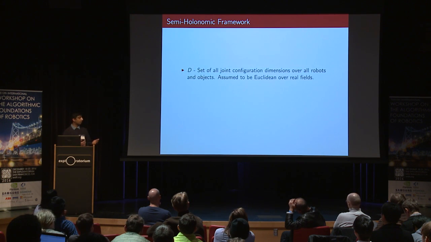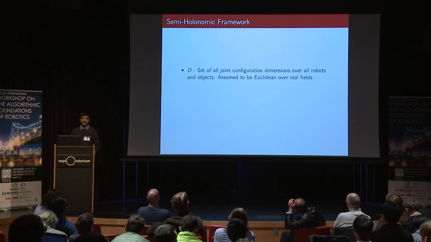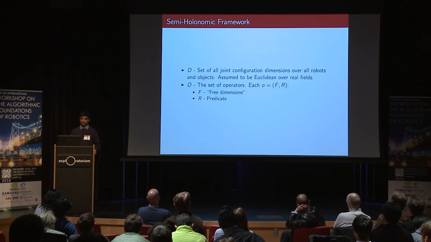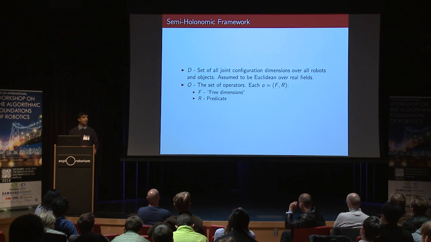Well, let's start off with the framework. We start with the configuration space, and this is a joint configuration space of all the robots and objects together. We assume that there's a Euclidean coordinate system over this configuration space, which we utilize quite a bit. And to move around this configuration space, we have a set of operators, and this consists of a set of free dimensions and a predicate for each operator.